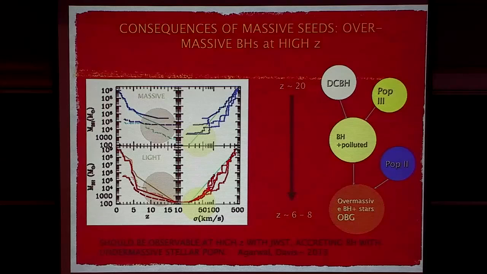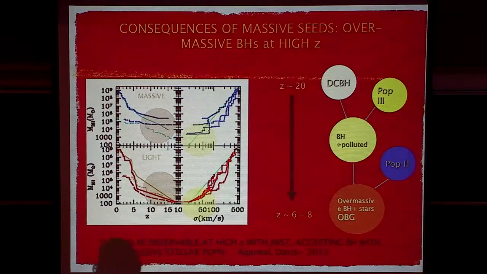So one of the interesting consequences that is found, so now we're trying to see what are the observational consequences, right? One of the interesting, inevitable consequences is that the massive seeding models suggest, because of the journey to M-sigma being fundamentally different, that there will be some high redshift galaxies which will have obese black holes, which will have black holes that are much more massive than the stellar component would suggest.